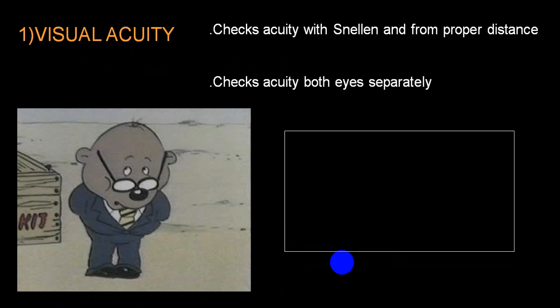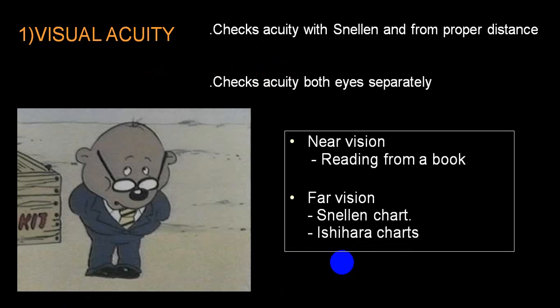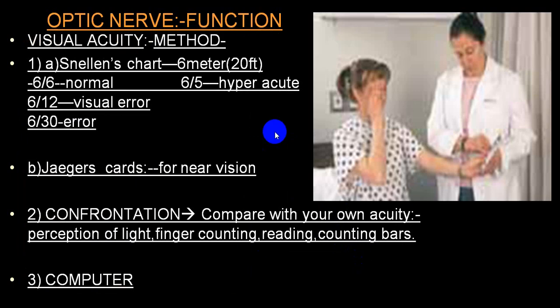And then we look at the visual acuity. We go for the near vision and far vision. Near vision is by reading from books, and there are some charts which are available. And far vision is by Snellen's chart and Ishihara charts. These are the two which you can utilize.